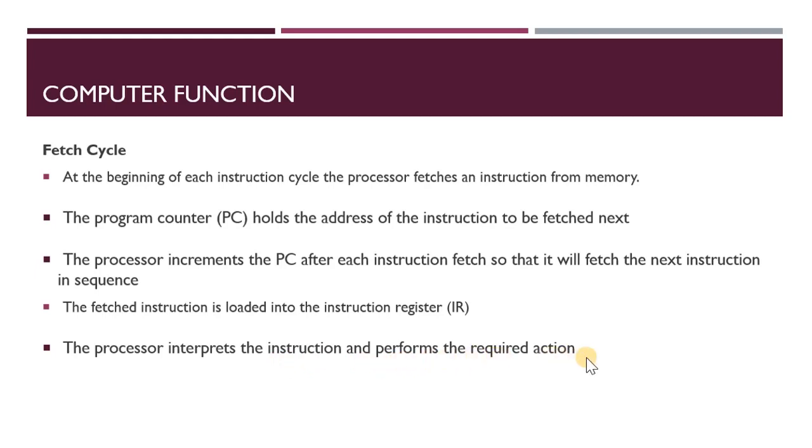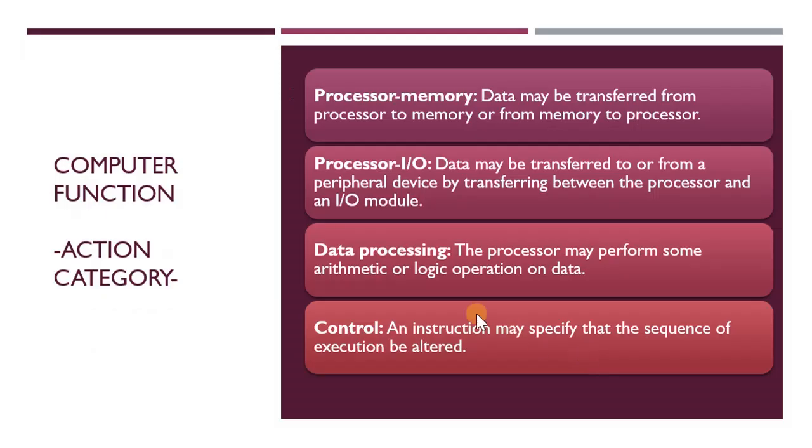What are the required actions? These are the action categories. The first one is processor-memory. Data may be transferred from processor to memory or from memory to processor. The second is processor-input-output. Data may be transferred to or from a peripheral device by transferring between the processor and an input-output module.